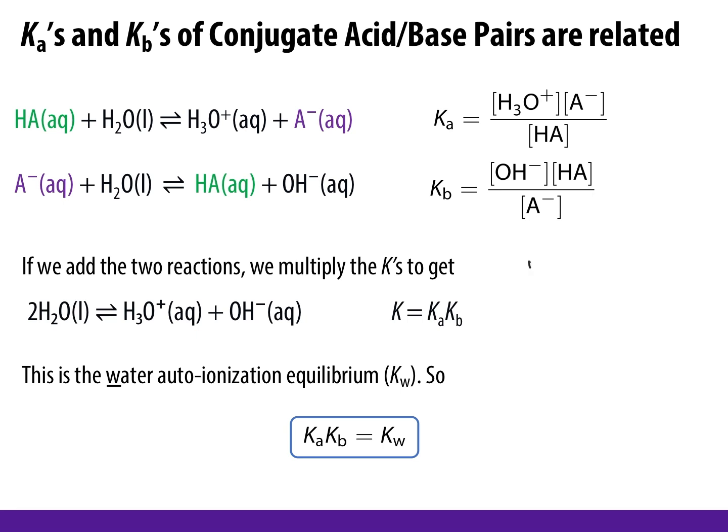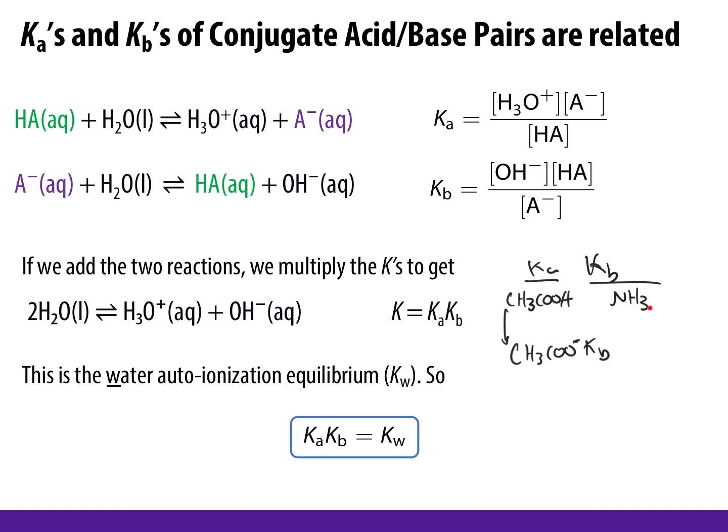In our tables of Ka and Kb, we can find things like acetic acid, CH3COOH, has a Ka. Similarly, in our table of Kb, we can find something like NH3. To get the related constants, to get something like CH3COO minus, that's the weak conjugate base of CH3COOH, I can find that by taking Ka for CH3COOH and then using this equation to solve for the Kb.